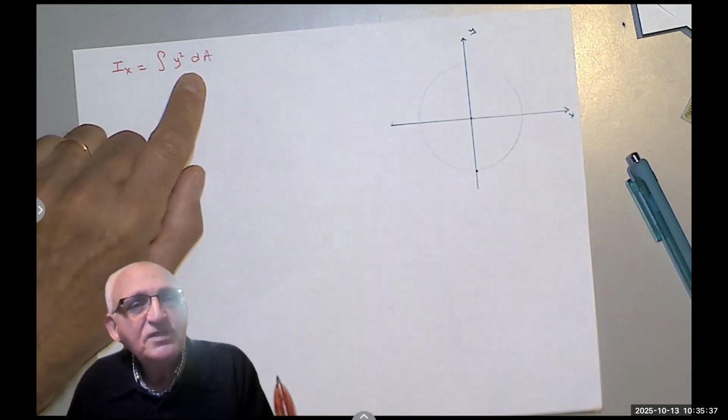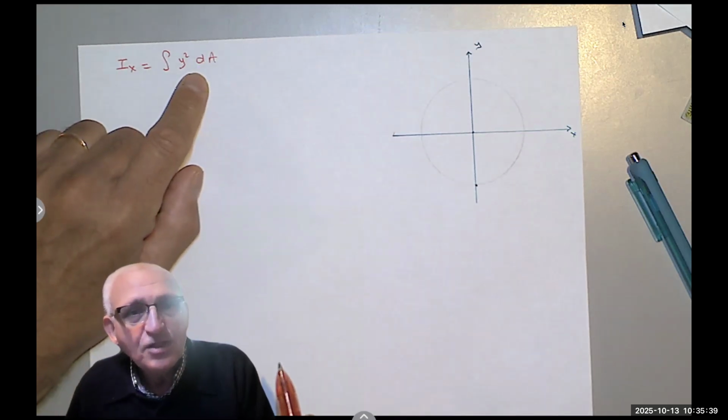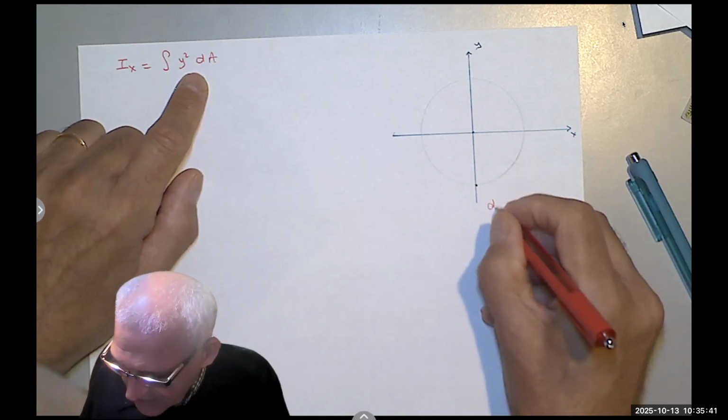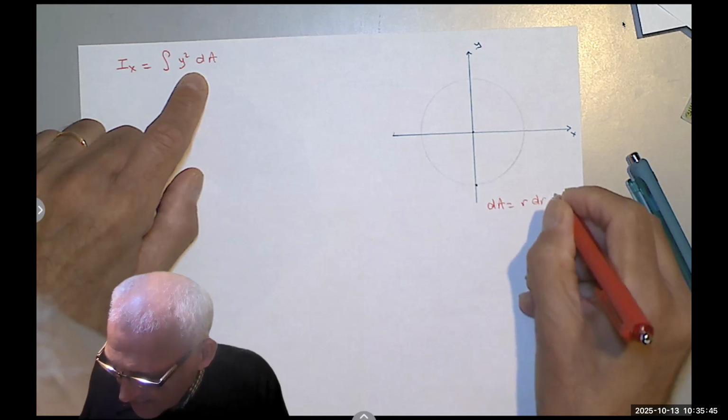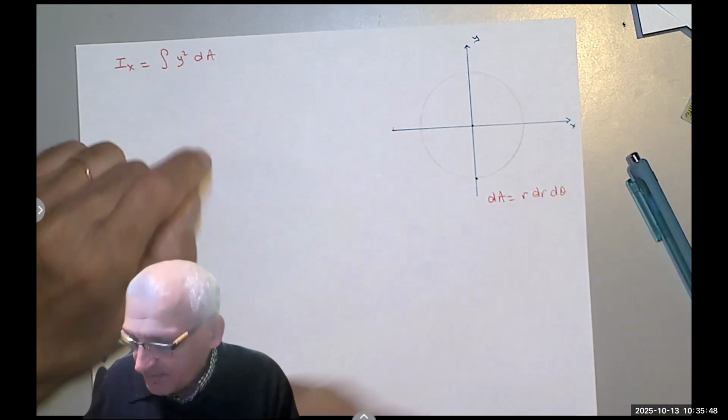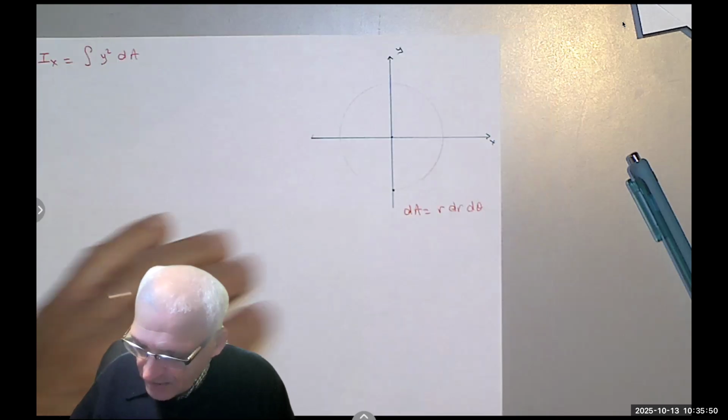If you remember when we did the double integration, we found dA using polar coordinates to be r dr d theta. If you can't remember that, remember we took a very small element here.